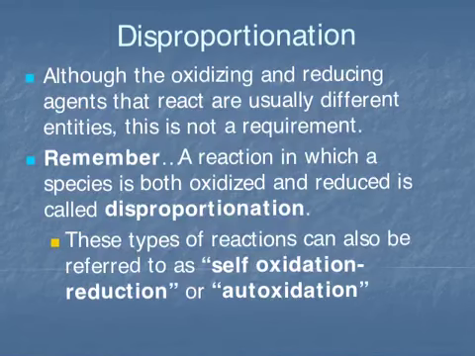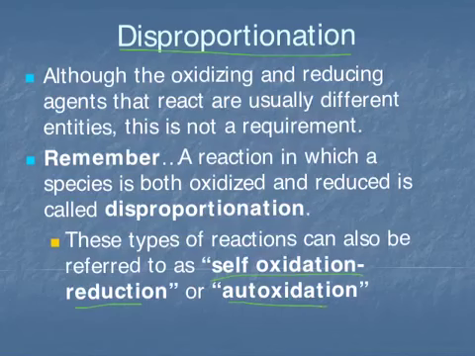Let's review disproportionation again, because this time we can actually determine if a species can be stable by itself. If you remember, disproportionation is when a chemical species can both oxidize itself and reduce itself. This type of reaction is called self-oxidation reduction or autoxidation.